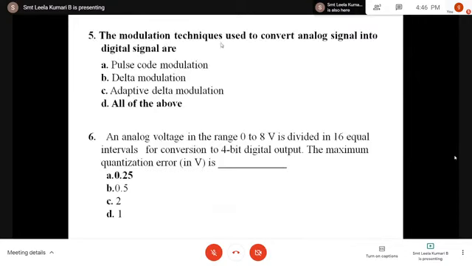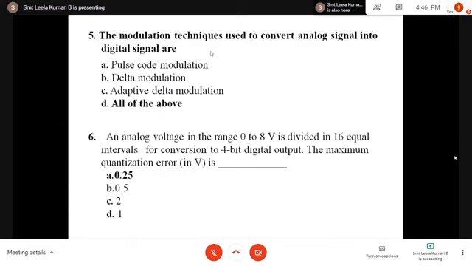The modulation techniques used to convert analog signal into digital signal are pulse code modulation, delta modulation, adaptive delta modulation, all of the above. So pulse digital modulation schemes are used to convert the analog signals into digital signals.